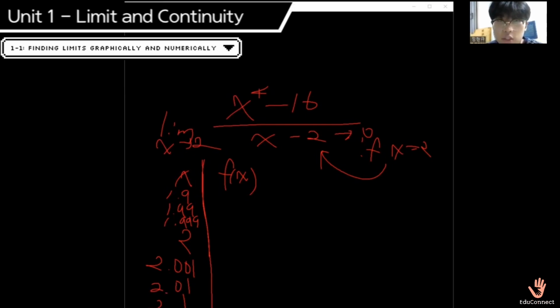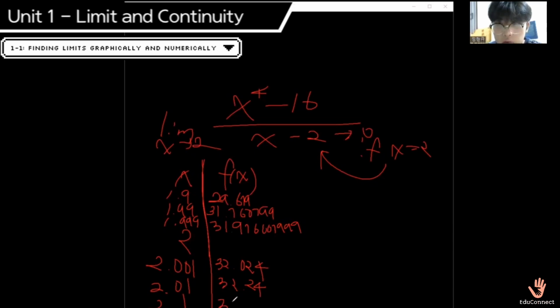So the value of the function when x is 1.9 is 29.679. We get 31.760799. We get 31.976007999. And we get 32.024, 32.24, and 34.481.